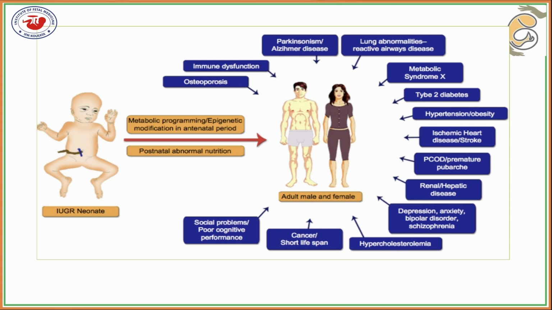So whatever we are now is planned in utero. One of the major reasons why in India there is so much diabetes is that there are so many cases of growth restriction which are not managed properly. Whatever impact you have in utero will have medium or long-term consequences, which will be manifested in adulthood.